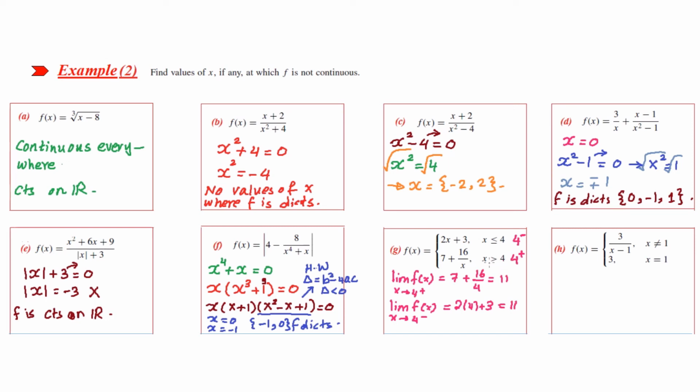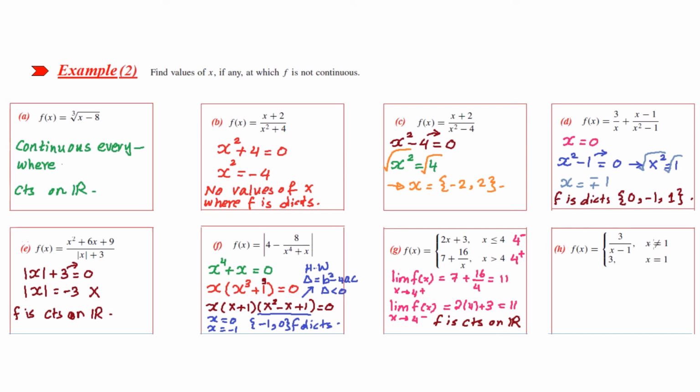So 0 is not included in the interval of this function. So we cannot take 0 as a discontinuous x. Okay, so for this function in part G, the function f is continuous everywhere, and there is no point of discontinuity. So f is continuous on R.